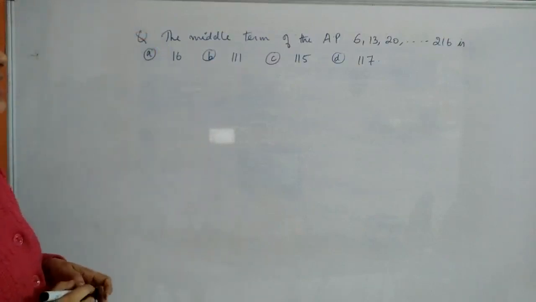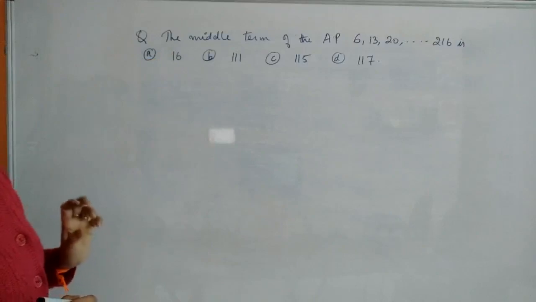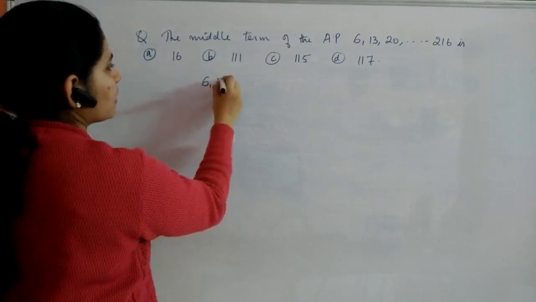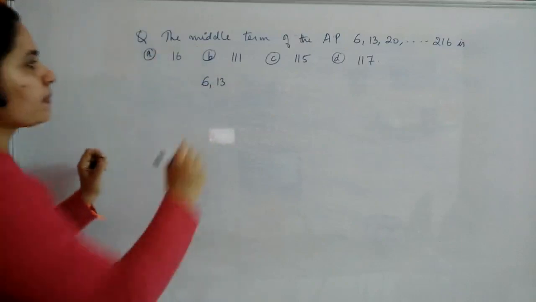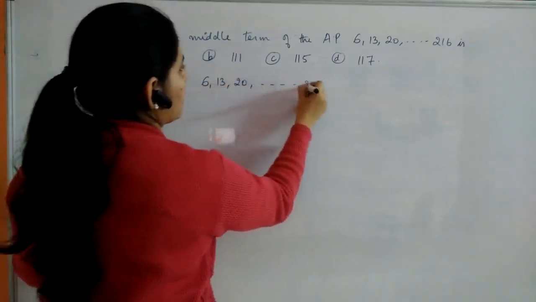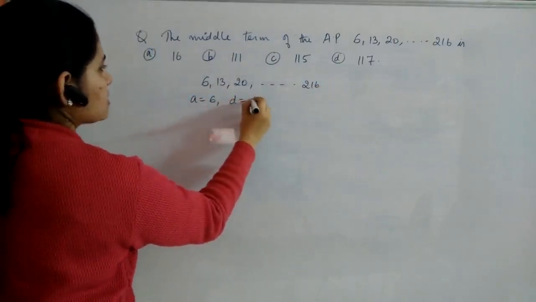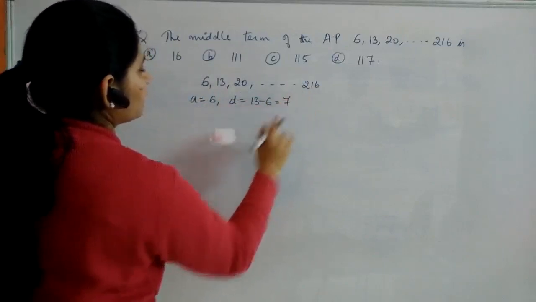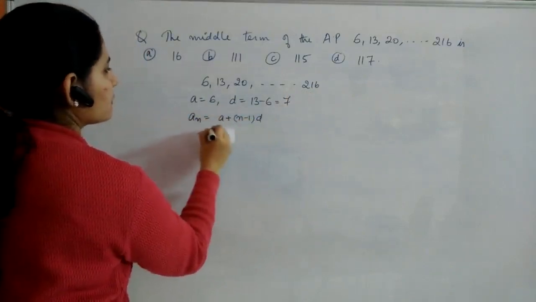The question is, the middle term of the AP 6, 13, 20, etc. to 216 is. So in order to find out the middle term, you should know how many terms are there in this AP, right? So first we will find out what n is equal to, how many terms are there. Because depending on what n is, even or odd, the middle term will change. So 6, 13, 20, etc. to 216 gives you A as 6, D as 13 minus 6, which is 7. Now we can start with what an is equal to, which is a plus n minus 1 into d.